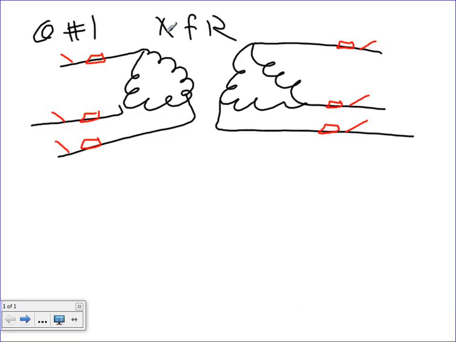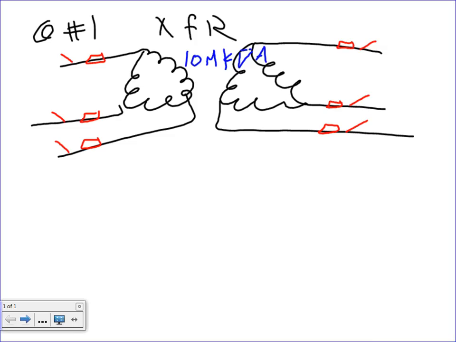This transformer is 10 meg, 10 mega kVA.